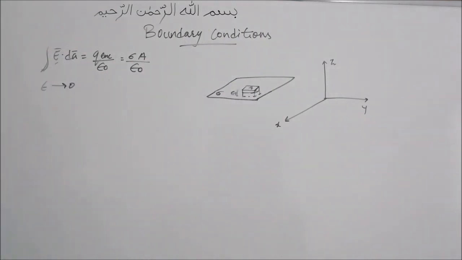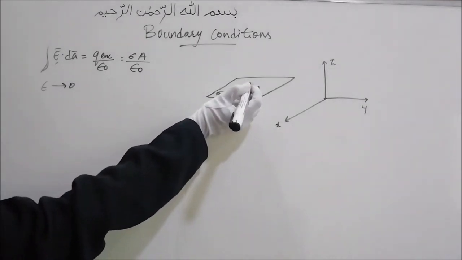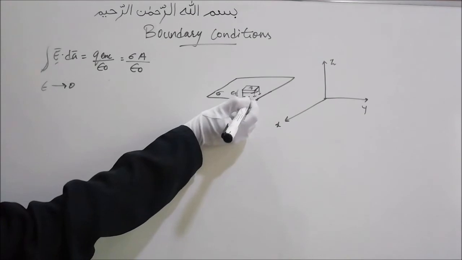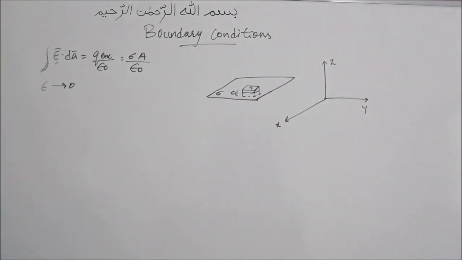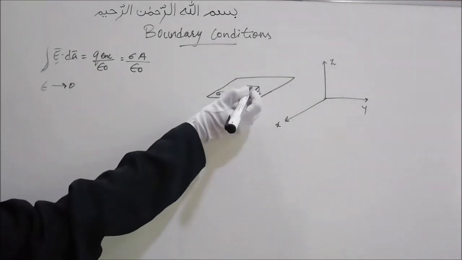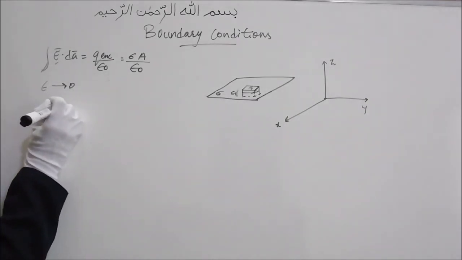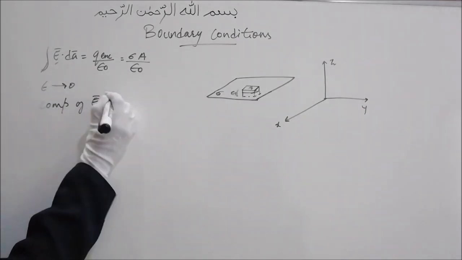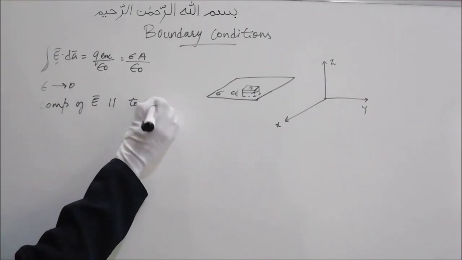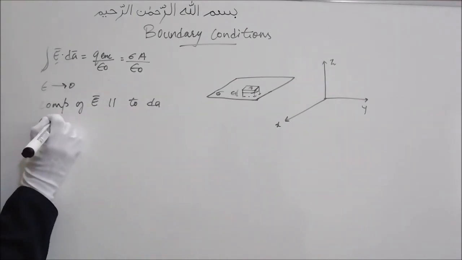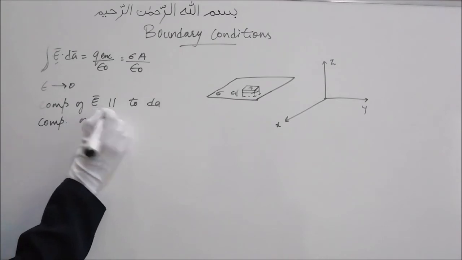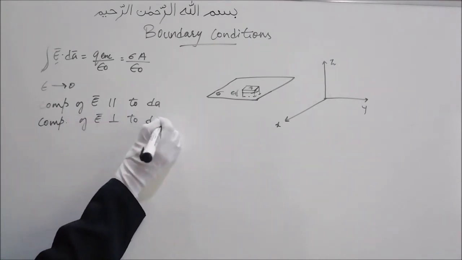So the only contribution to flux will be due to the electric field which comes out above this area and goes below this area A, passing through it. That is the component of electric field which is parallel to dA, and we also have a component of electric field which is perpendicular to dA.